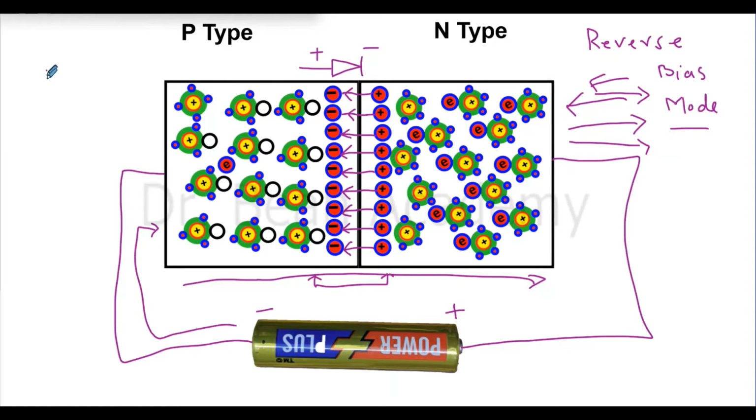And if I want to represent this circuit, I will just make the diagram of the PN junction diode, and I know that this is positive or p-type, and here is the negative or n-type side of the diode. And then here I will connect the positive or p-type side of the diode with the negative terminal of the battery, and the positive terminal of the battery should be connected with the n-type.